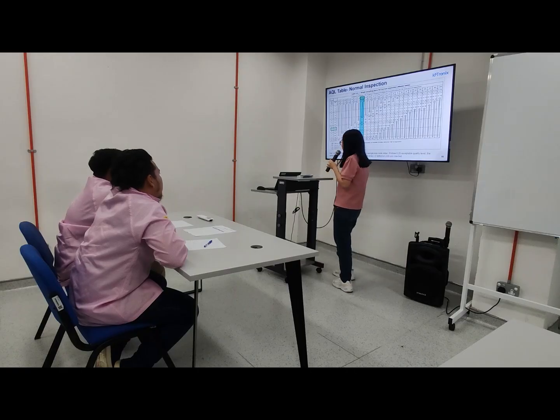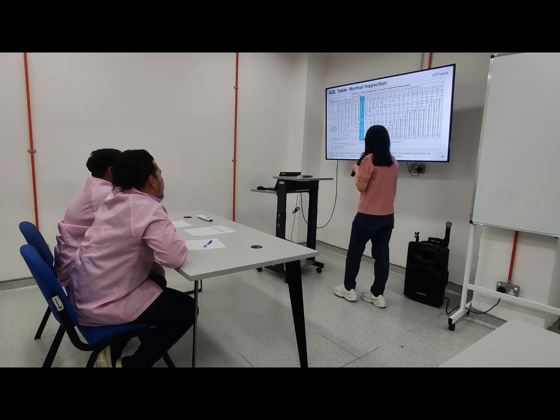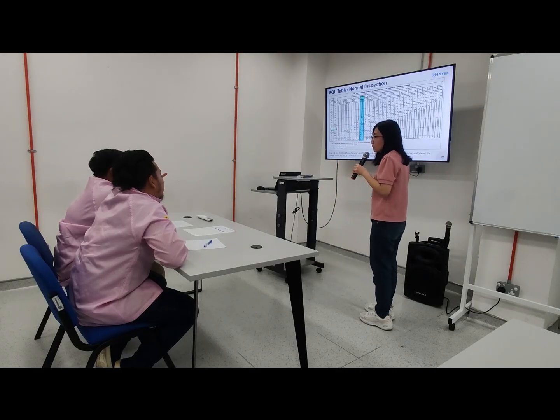Yes, the sample size will go for 315 because the arrow is down to this, so we need to refer to this row. That means we need to refer to this sample size. Okay? Understand? So, if we get 2 or more, then the 5,000 batch is already rejected.